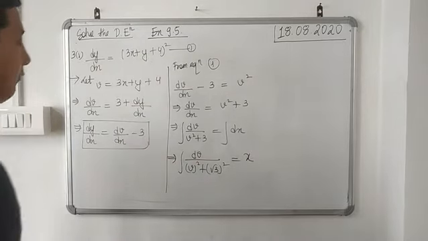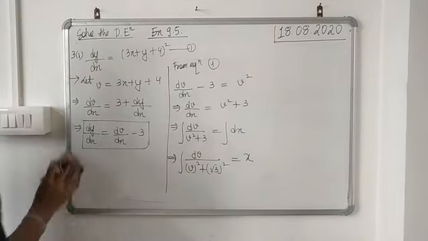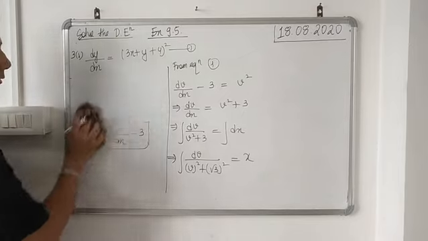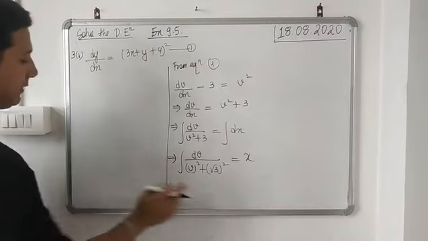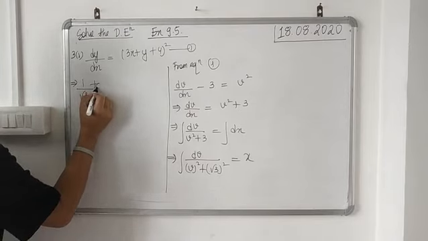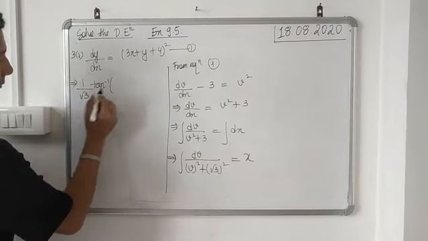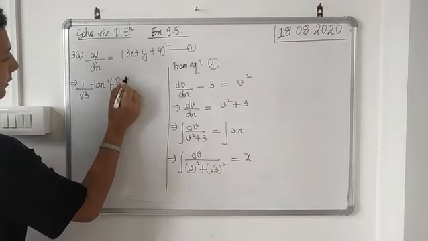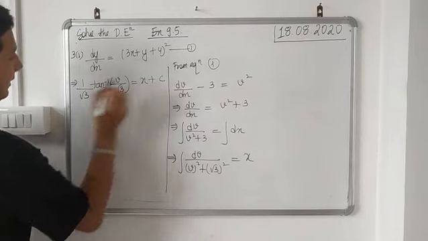So the final step will be, I think I can do this side. Okay, so I'm clearing this. So please give me the form 1 by a tan inverse of x by a, that is v by root 3, which is equal to x plus then constant c.